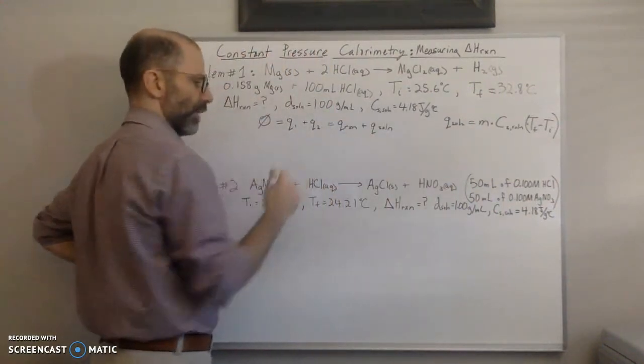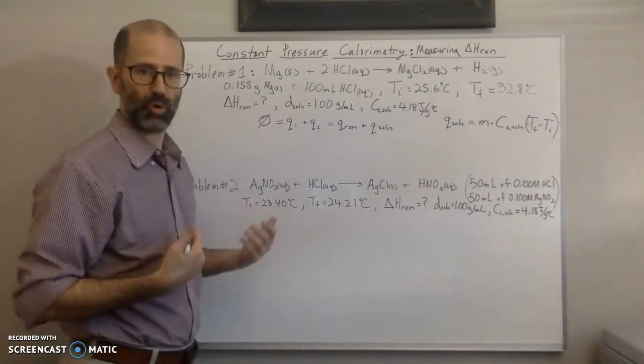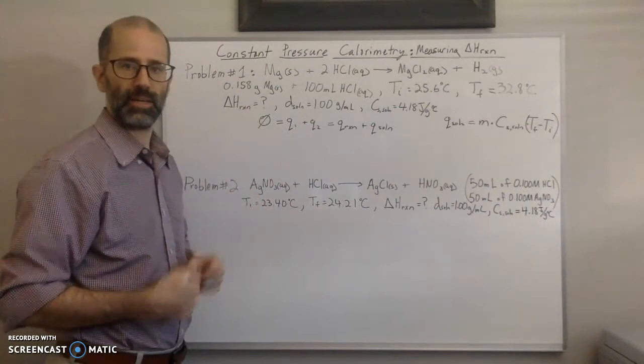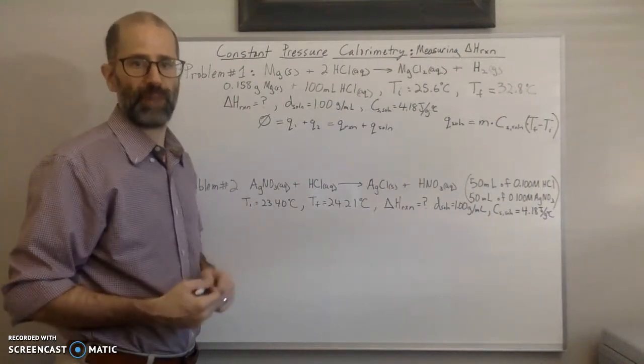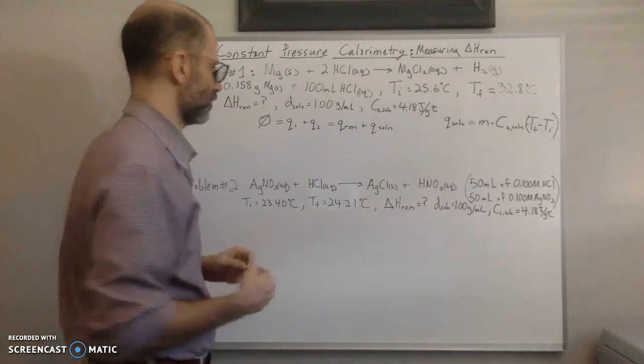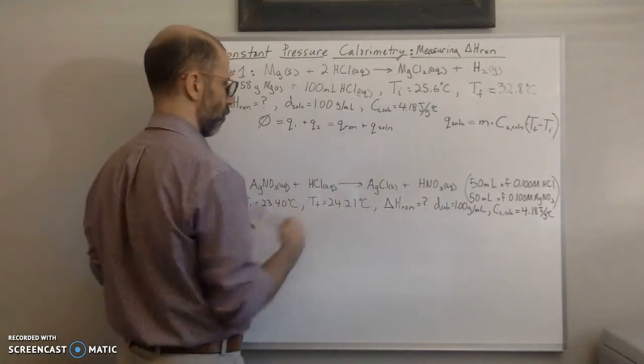The Q of the reaction is the heat that's either absorbed or emitted by the reaction itself, but that's what we need to find if we're going to find the enthalpy of the reaction. So this is what we're going to be looking for.